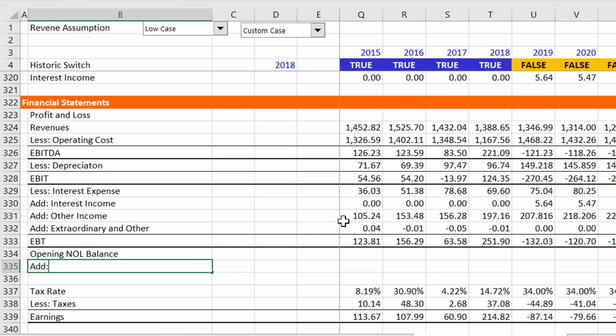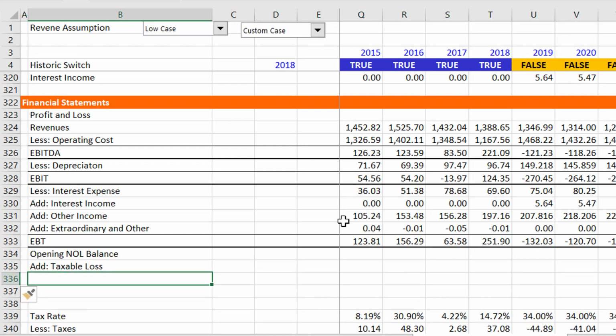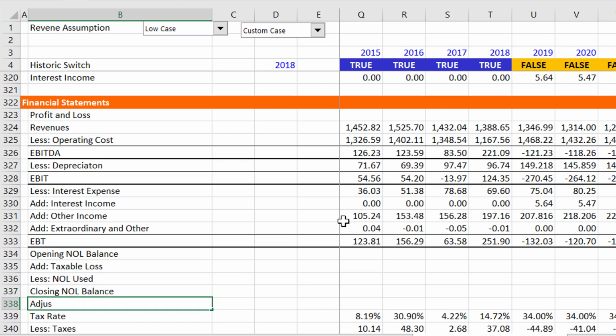And then we add the tax loss, taxable loss, and then we need another 2 lines, and then we put less the NOL used, and then we have a closing NOL balance, and finally an adjusted EBT.